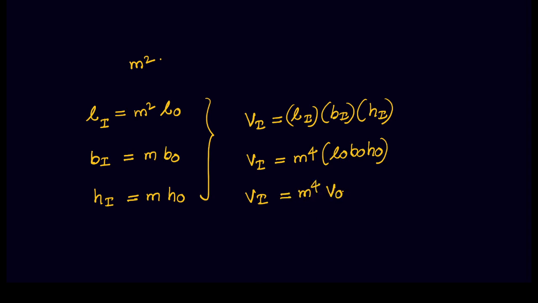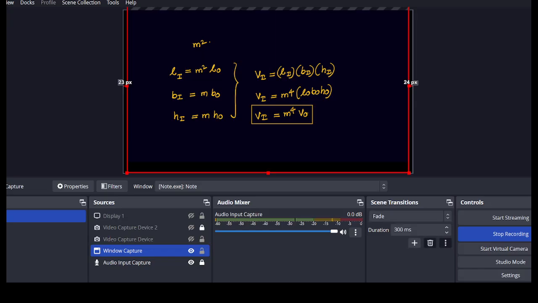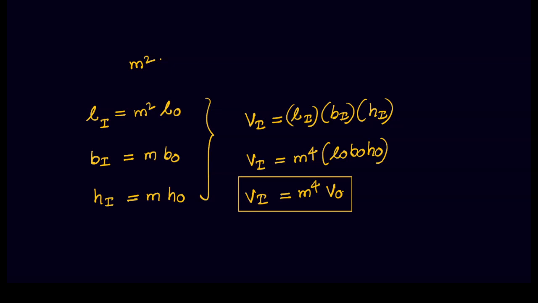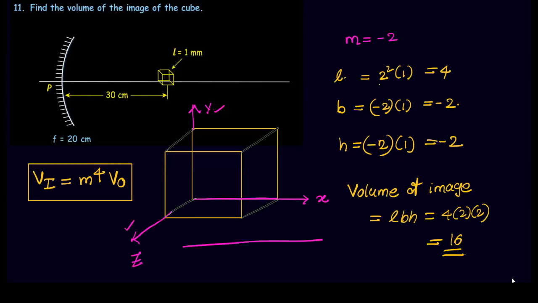Here they have given all the dimensions as equal. For example, if they give unequal dimensions, in those cases what we need to see is the dimension which is parallel to the principal axis. That dimension is multiplied by m square times. The remaining dimensions are multiplied by m times only.